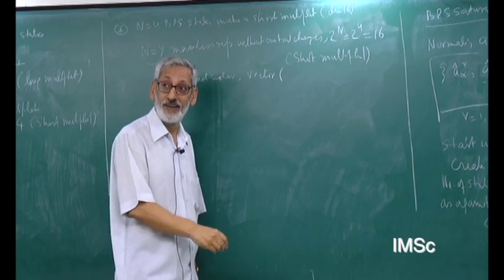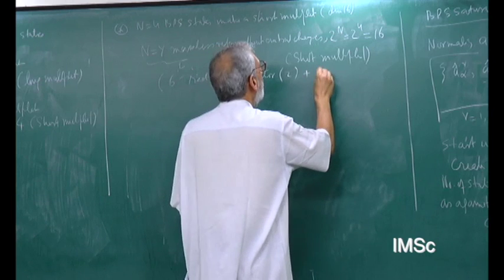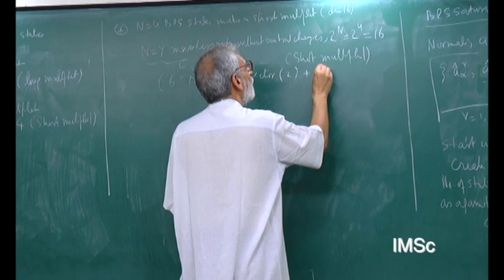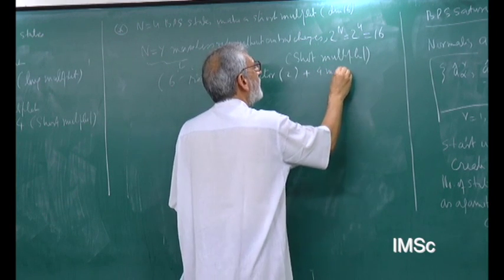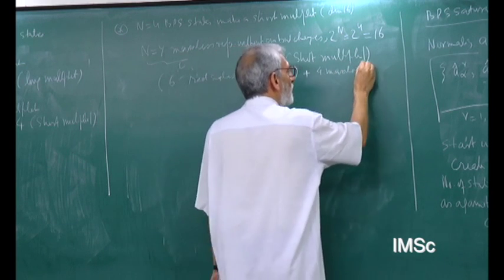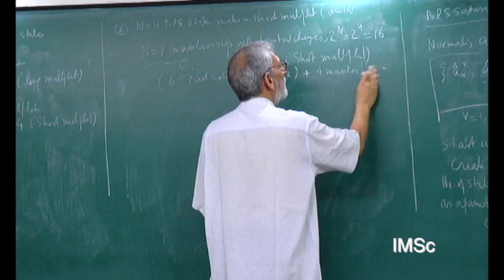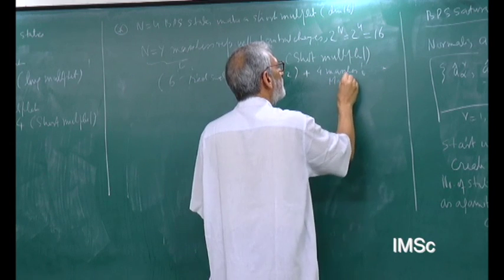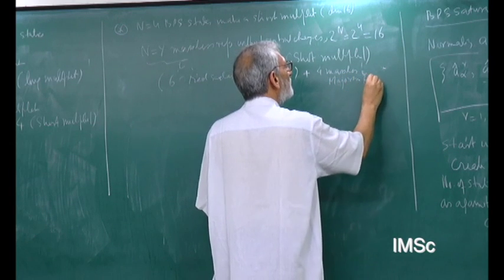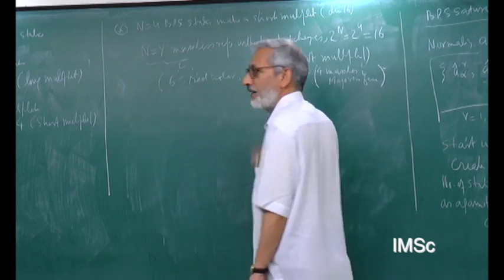So it has only 2, plus 4 massless Majorana fermions. Each has 2, 8, 6 plus 2, 8.